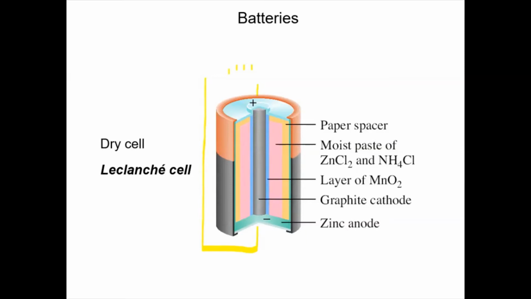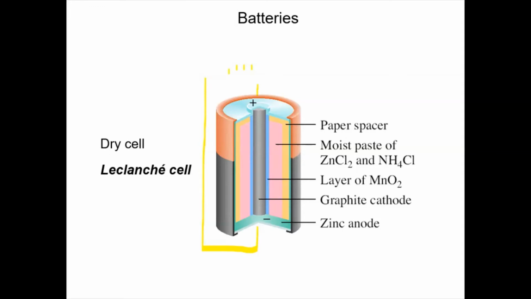And that is that little stub that you see on the positive end of a regular battery, right? Notice that there's also in there a layer of manganese dioxide, a paste of zinc chloride and ammonium chloride. Those are your electrolytes, and a spacer in between them.